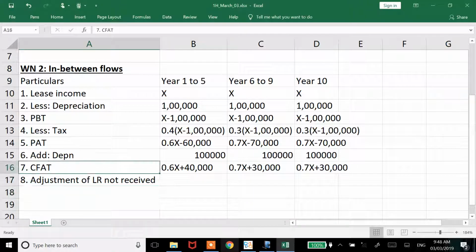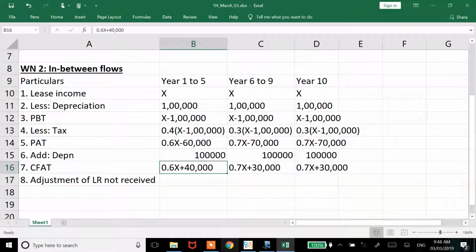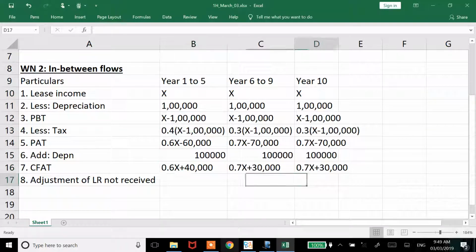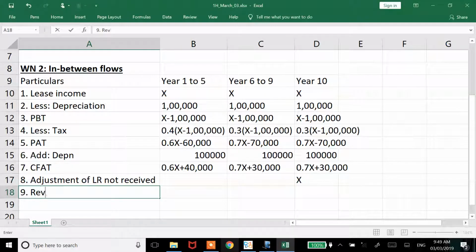Why I do this adjustment is, year 1 to 5 I get a lease rental. Years 6 to 9 also I get a lease rental. Year 10 also I get a lease rental, but I write that at the beginning of the year. So this is how my P&L will look. Adjustment of lease rent not received is X, and revised CFAT is, let me just do this, I'll explain again.